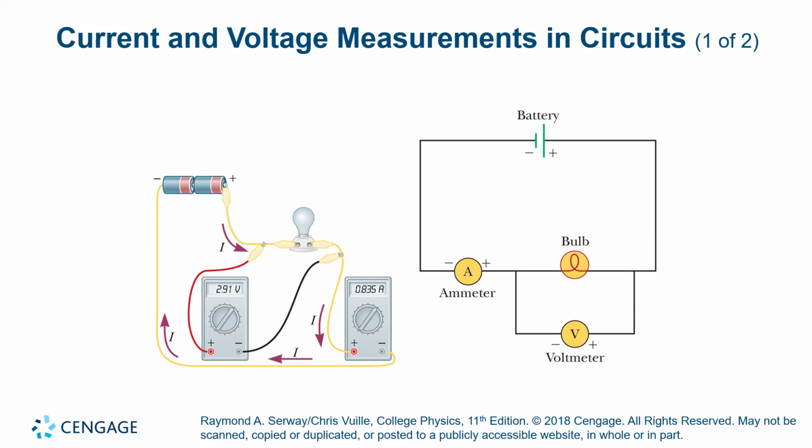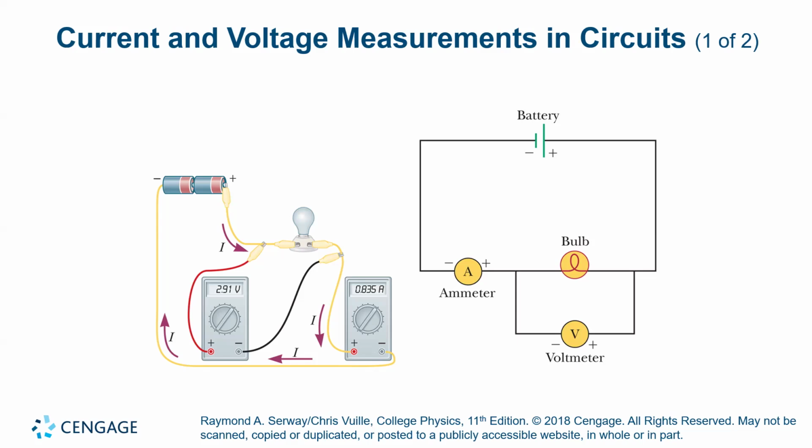Now, the voltmeter goes across as if you're measuring the temperature from the right and comparing it to the temperature on the left. And you're going to always measure voltage across the element that you're interested in. The ammeter, however, is going to register the flow of current through it. And it has to be put in series as if you're putting it inside the stream of flowing charges.